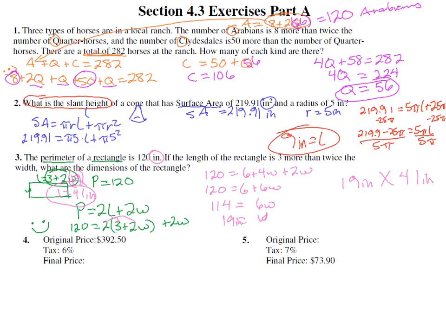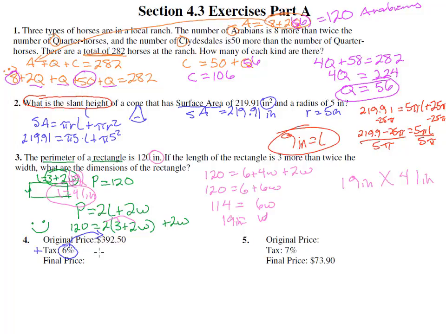Number 4. Here we have an original price, $392.50, and then we add a tax onto it, and that's a plus sign, so we're adding the tax of 6%. Percents always need to multiply something. Percent of what? And in this case, we're taking of that original price. So we're not going backwards, and we don't need algebra for this particular problem.